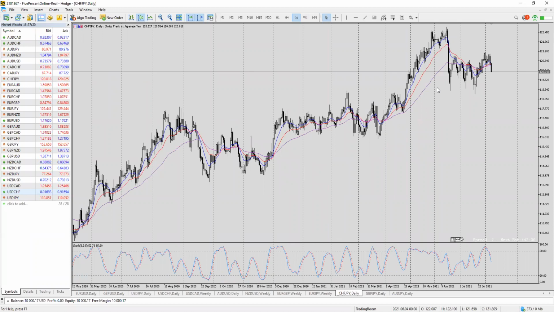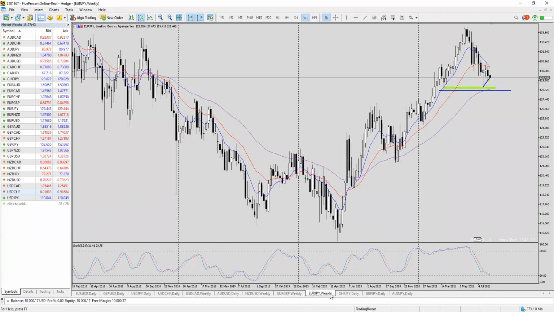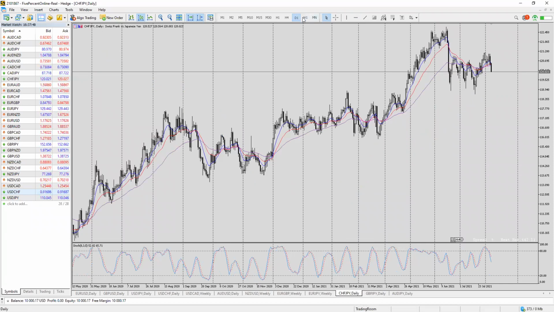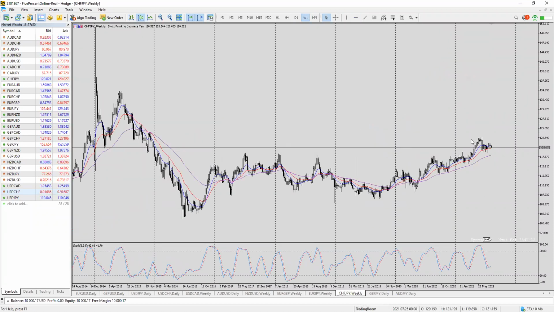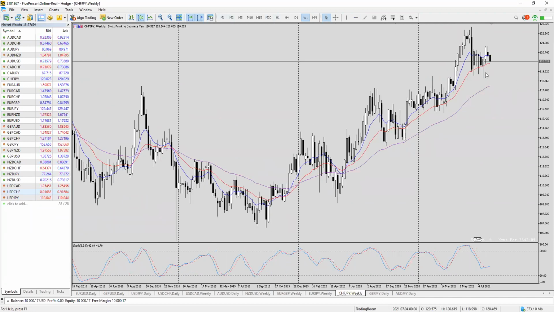Swiss yen, obviously the Swissy is a little bit stronger, so you can see that here it's not below the moving averages like we see on the Euro dollar, like the Euro yen, and on the weekly chart the trend is even, well, sort of an upward trend still.